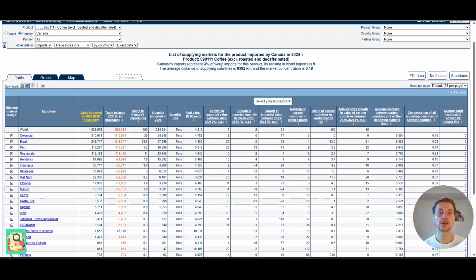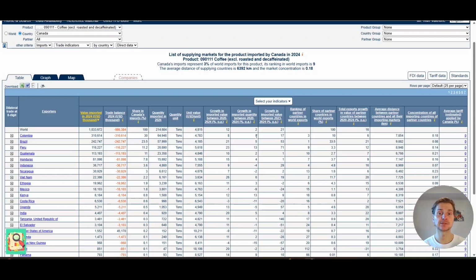Looking at the growth in value and the growth in quantity columns, for instance, we see that the value has been increasing between 2020 and 2024. So Canadians are paying 8% more for coffee from Colombia from 2020 to 2024. However, we are not increasing our imports from Colombia.